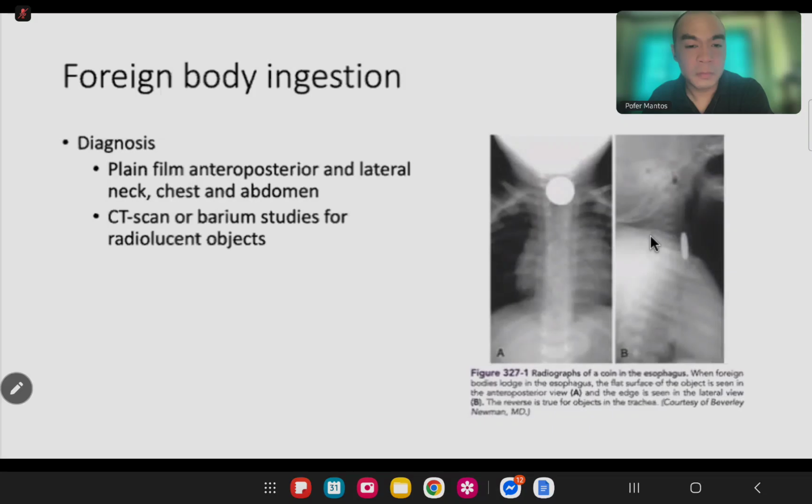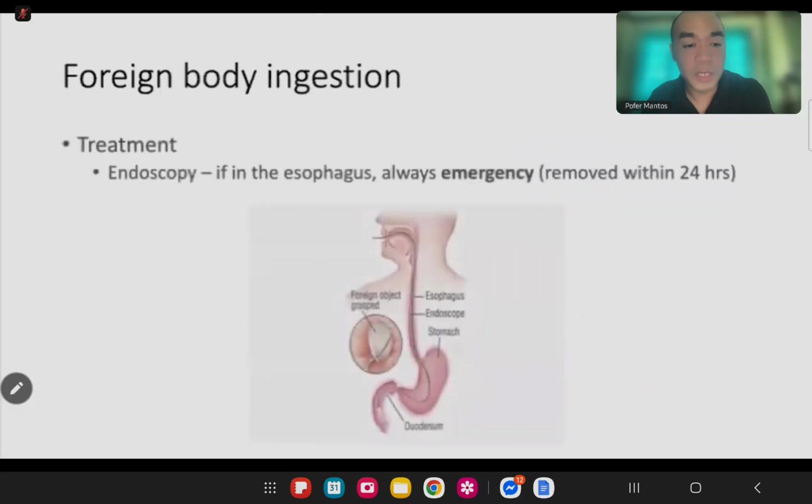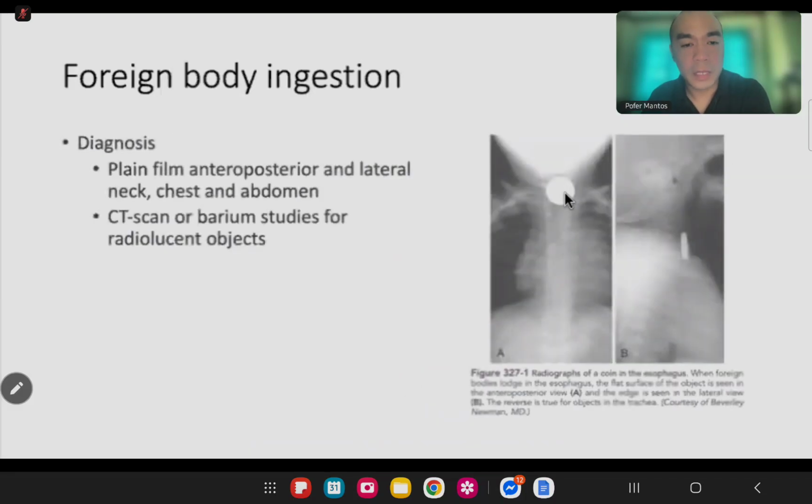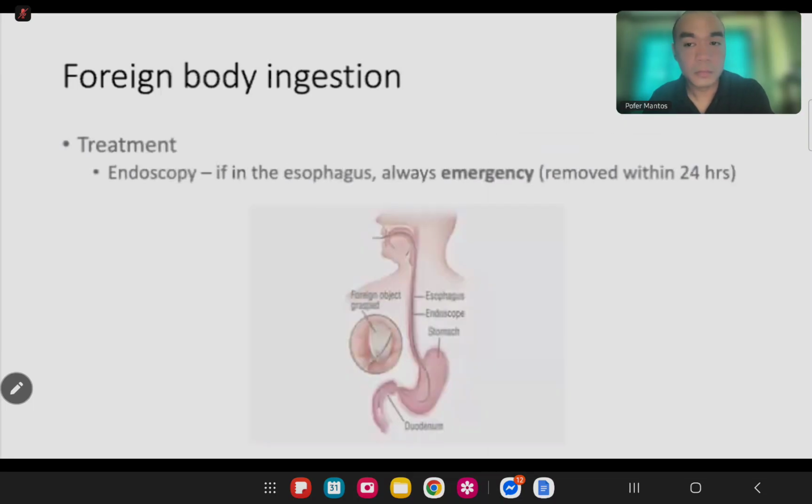But if the object is in the trachea, it's the opposite: on the anteroposterior view, the lateral side of the coin is seen, and on the lateral view, the front of the coin is seen.